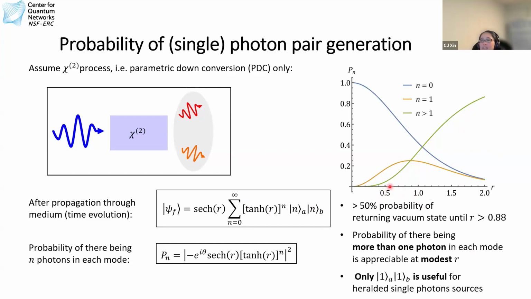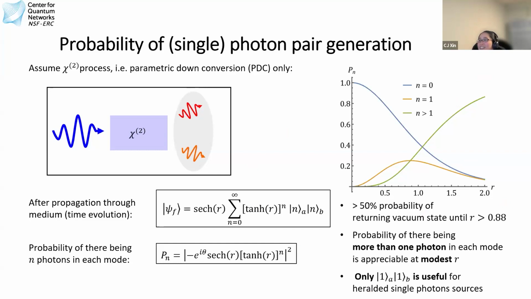Now, if you drive r higher and higher, the two-mode squeezed vacuum state can also be useful for certain sensing applications. About 2.0 here is probably like 15 dB of squeezing, which, if you can do it, you'll get a lot of money from funding agencies.